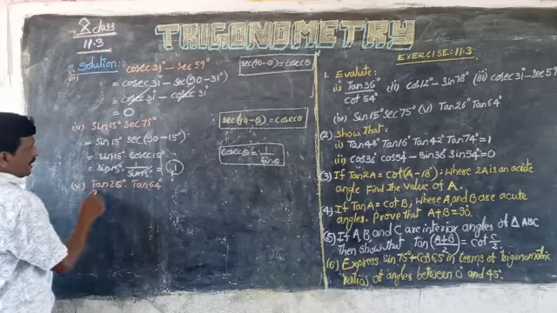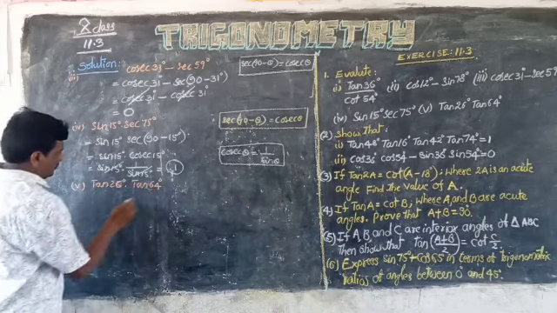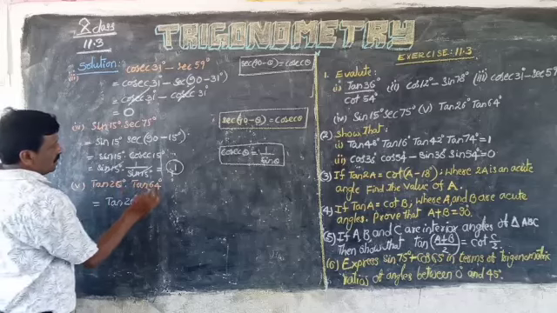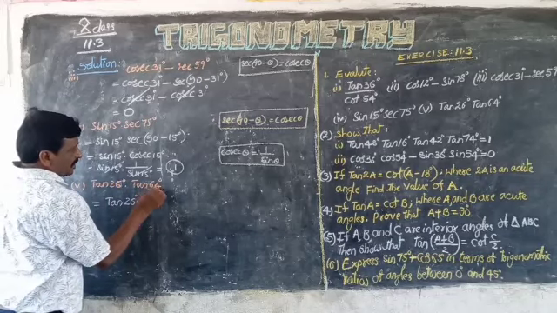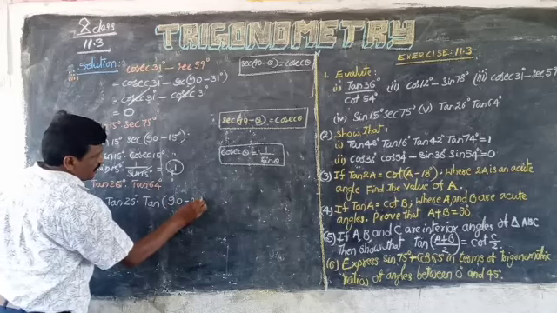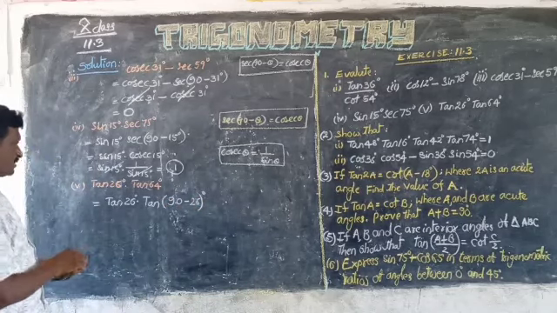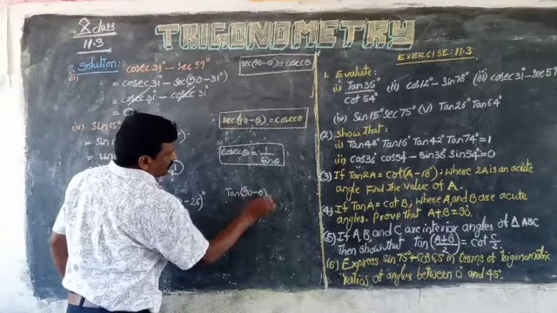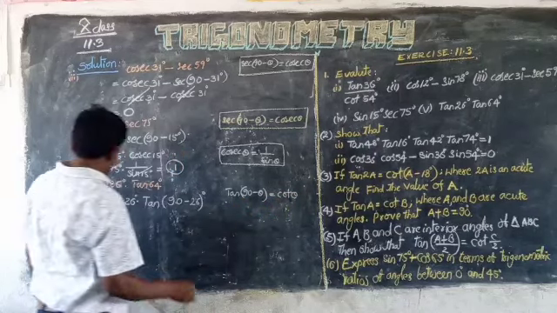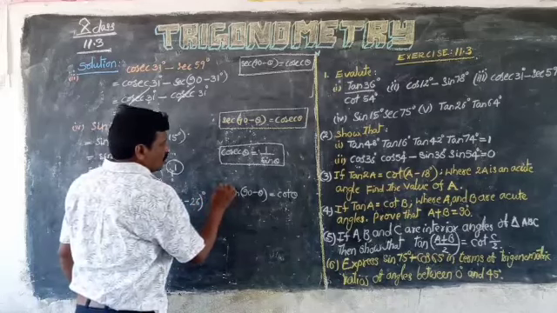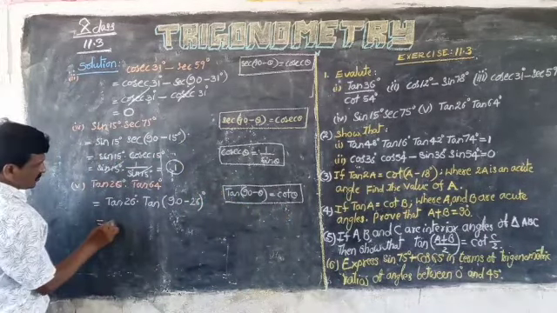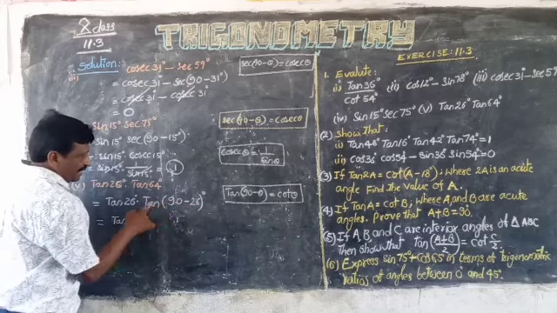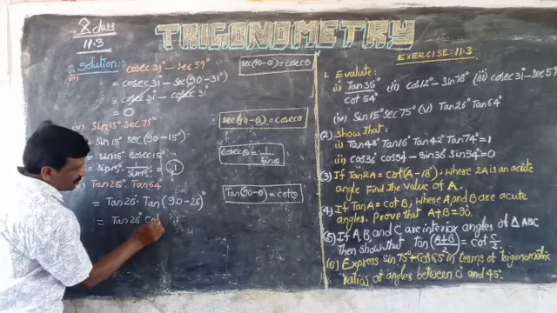As well as tan 26 degrees into tan 64 degrees. Solution: tan 26 degrees into tan 64, that is 90 minus 26 degrees. Tan 90 minus theta is equal to cot theta, so tan 90 minus 26 is cot 26.